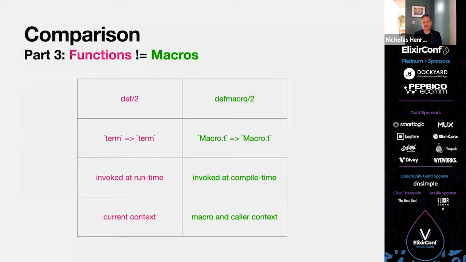Now, with defmacro, we accept a subset of the term known as the macro type, and we return a macro type. And rather than being invoked at runtime, macros are invoked at compile time. And rather than worrying about just the current context, we've got to worry about the macro context and the caller context.